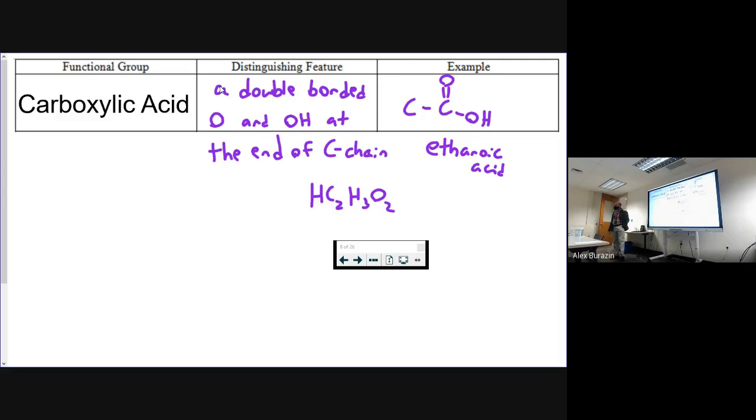HC2H3O2. Acetic acid. Ethanoic acid is acetic acid. Same thing. This is an organic acid, but you've been using it all year, whether you knew that or not.